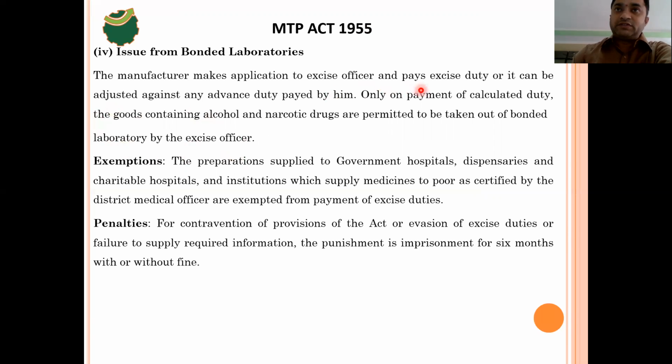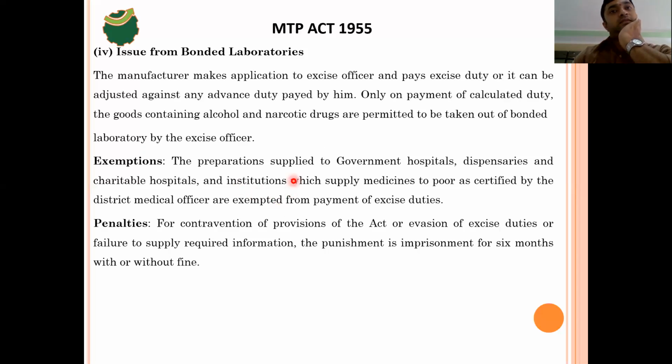So this bonded laboratory runs in the presence of the excise officer. Before that, you are not paying any fee for usage of alcohol, but it is calculated in the presence of the excise officer. At the end, you have to pay the excise duty, and only on payment of the calculated duty will the goods containing alcohol be permitted to be taken out of the bonded laboratory.